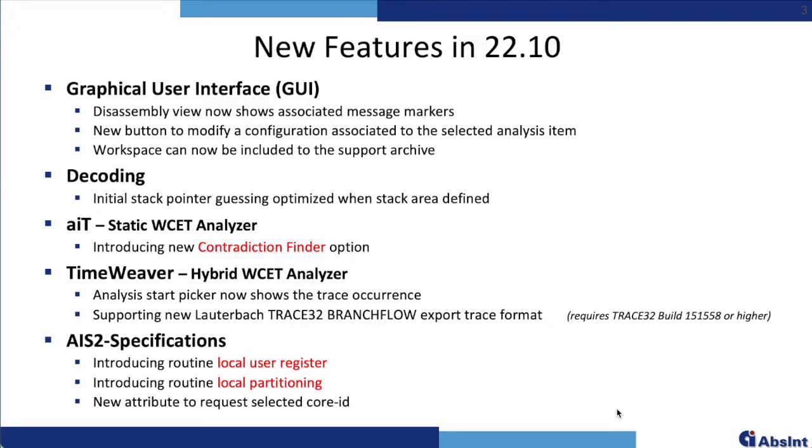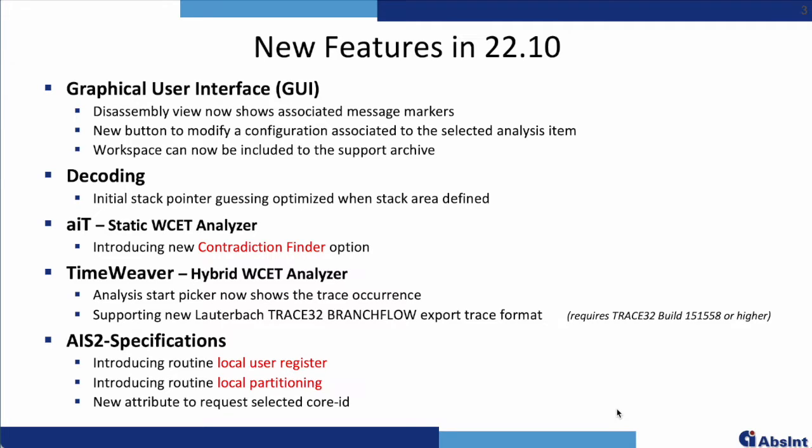As usual, let's have a quick overview on our release video today. First, I'd like to start with an overview of the new features in the graphical user interface, followed by a decoding update. Then I'd like to show a new option actually in the aiT worst case execution time analyzer, the so-called contradiction finder.